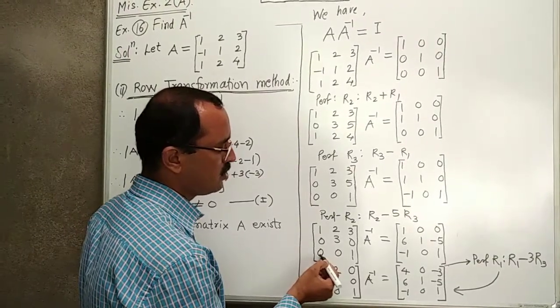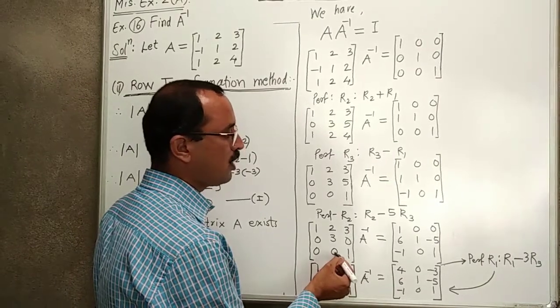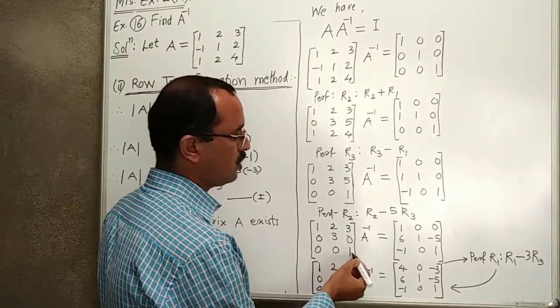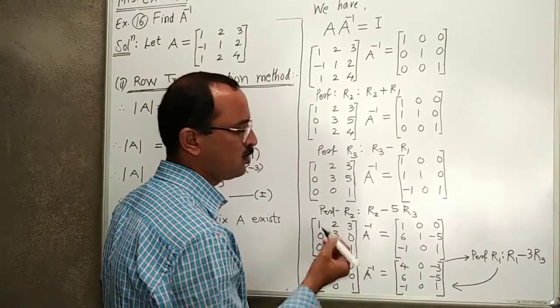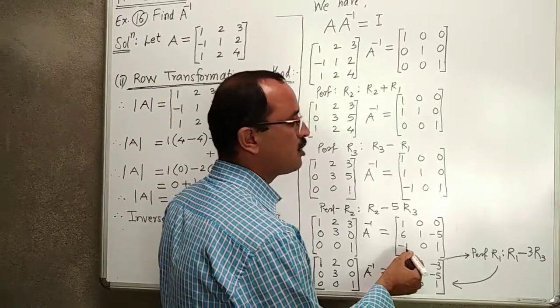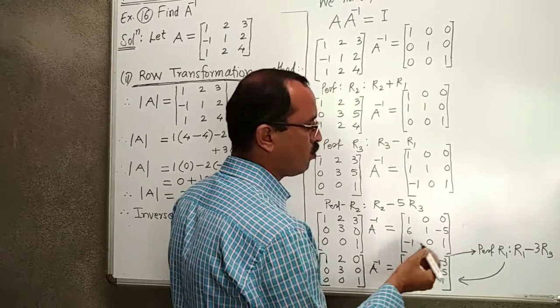0 is multiplied by 3. So 1 minus 0, that is 1. Here also 0 multiplied by 3, then subtract from 2, 2 minus 0 is 2. Here 1 multiplied by 3 is 3. 3 minus 3 is 0. Similarly, on the right hand side also, minus 1 is multiplied by 3, so 1 minus minus 3 is plus 3. 1 plus 3 is 4.